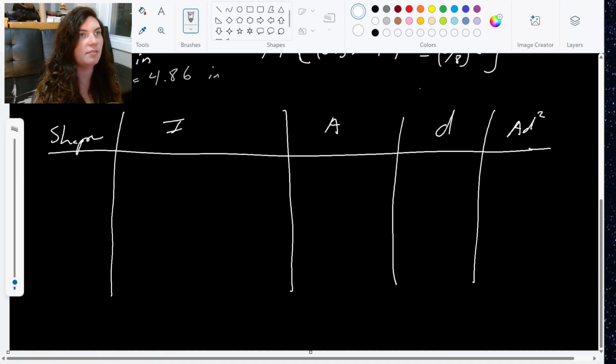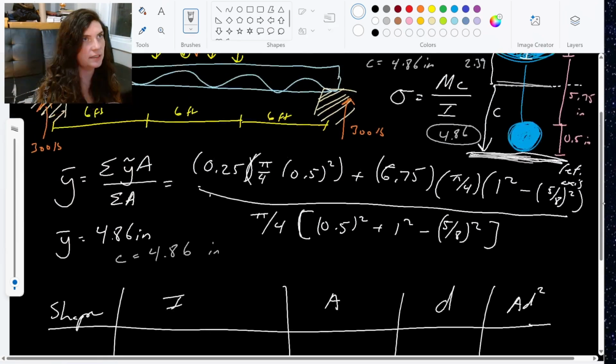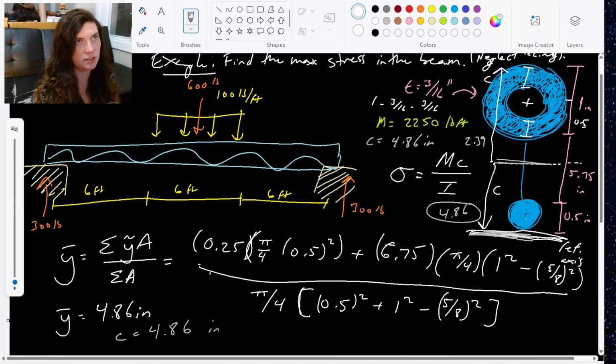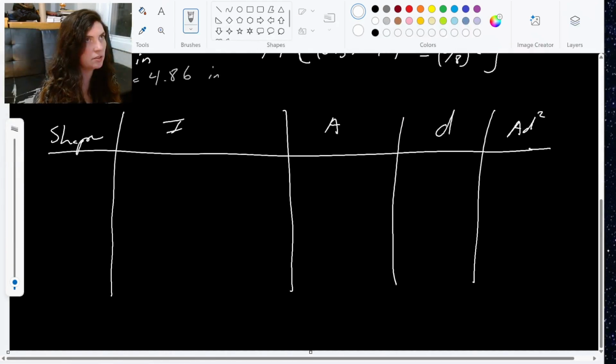So my shape, I have 3 shapes going on in this guy. I have solid circle, upper solid circle, and upper void circle. So I'm going to call this top circle, and then negative top circle.